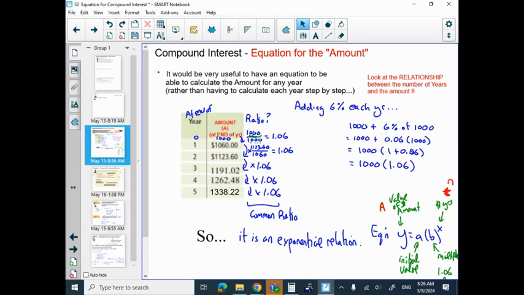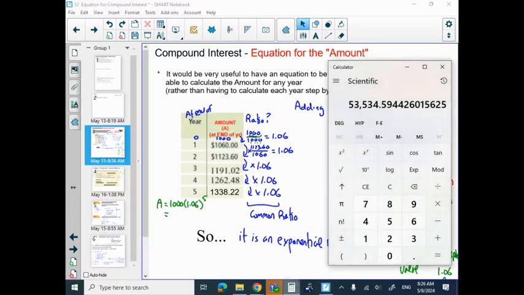Let's just do a quick calculation here and have our amount equals our 1,000 times the 1.06 to the power of 5. So let's just confirm that 1338 number. So the 1.06 to the power of 5 gives you that, and we multiply by 1,000, original amount of money, and there's our 1338.23.